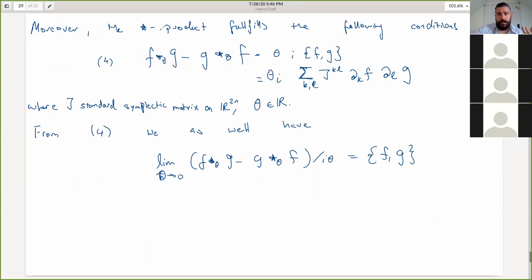So what is interesting about the star product is that it fulfills the following condition. If you take the commutator of f with g with respect to the star product, it is equal to theta times i times the Poisson bracket. So things that people know from symplectic mechanics, and Dirac was insightful and smart.